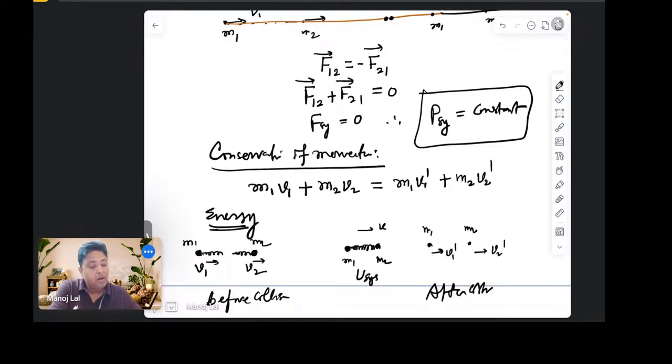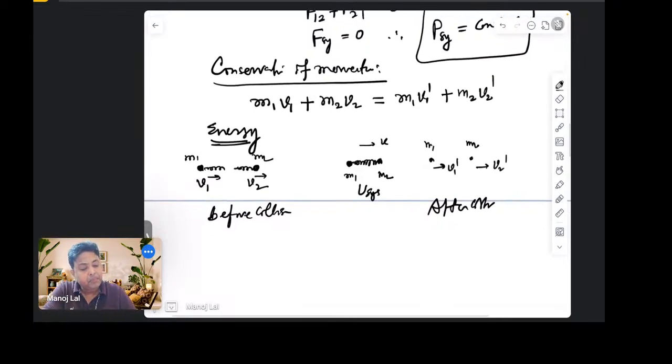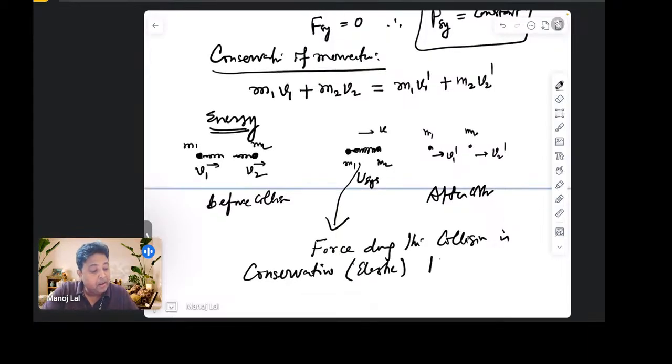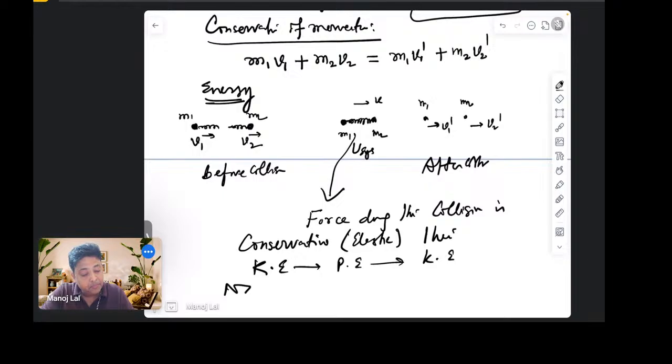And so, if the force acting during the collision is conservative, if I am talking that elastic force is conservative, then the kinetic energy changes to potential energy, and again it changes to kinetic energy, and then there is no loss of energy.